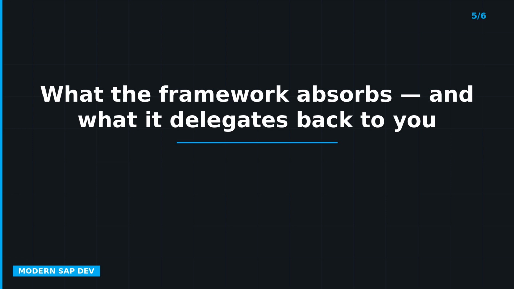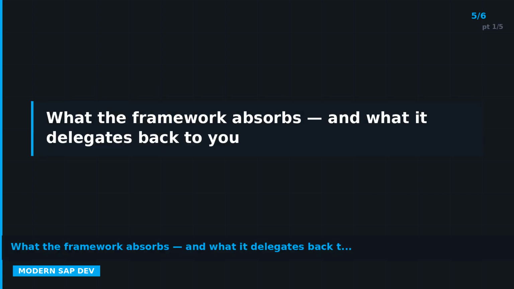You still solve concurrency control. You still own authorization logic, data integrity rules, and ETag lifecycle. The developers who get RAP right are the ones who understand what the framework absorbs for them versus what it delegates back to them. The BDEF is not click managed and done. It's a contract you sign with the framework, and every clause you skip becomes a production incident.